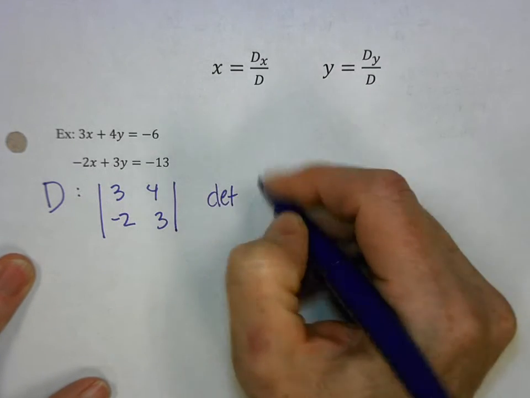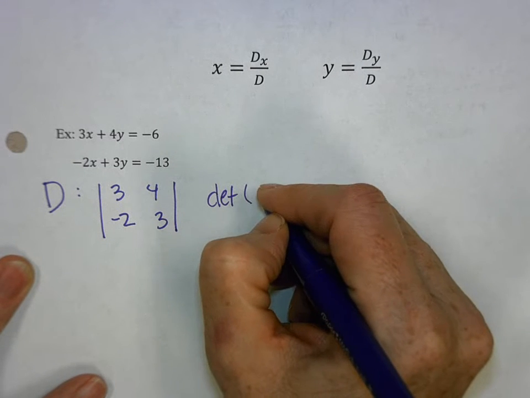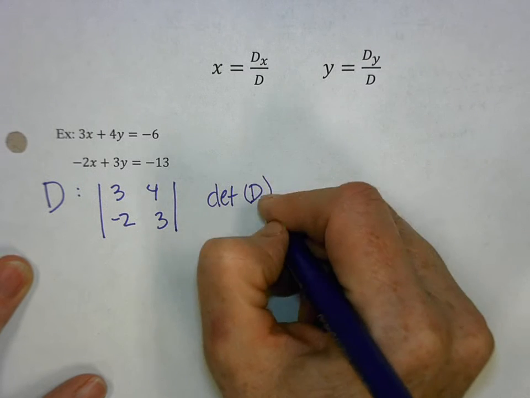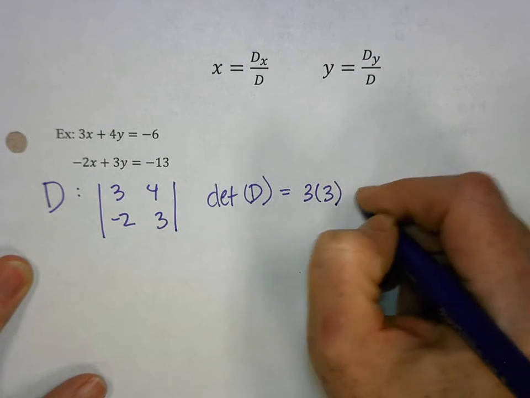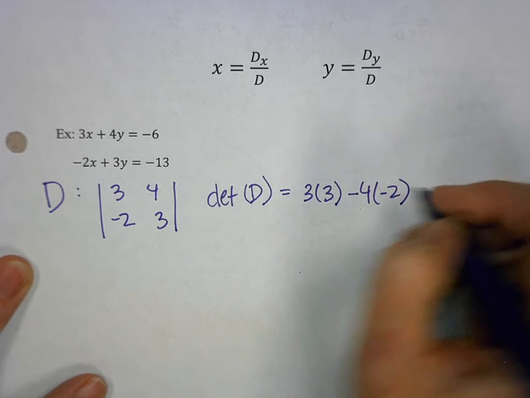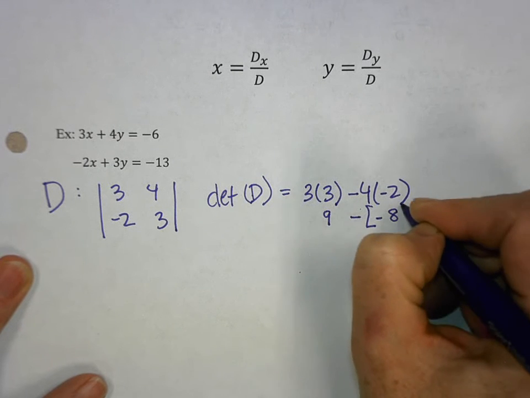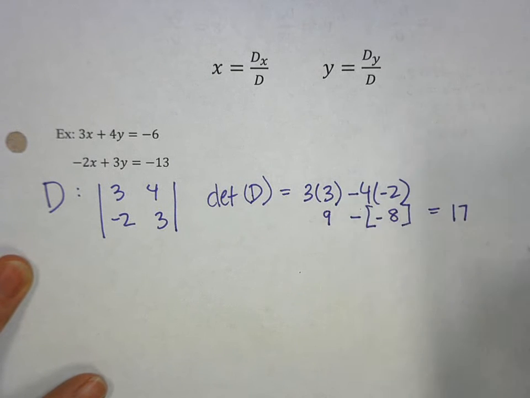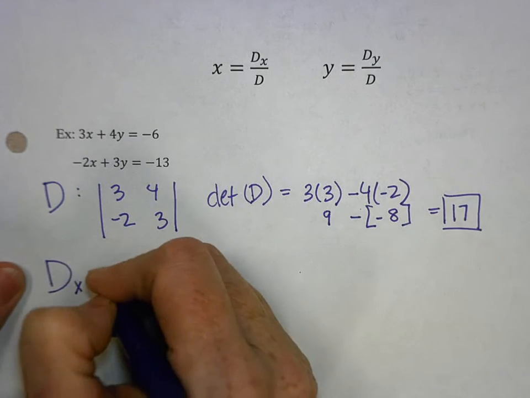The determinant of that matrix is 3 times 3 minus 4 times negative 2, which is 9 minus a negative 8, which is a positive 17. We found one determinant.